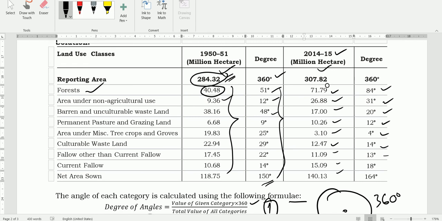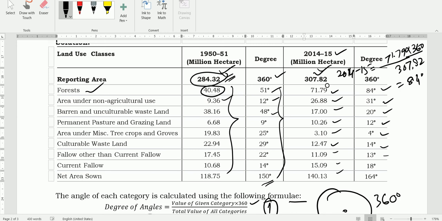Okay, just see here for the year 2014-15, what is it? It is 71.79 into what? 360 divided by 307.82. Okay, 71.79 into 360 divided by this total value. You will get 84 after rounding.